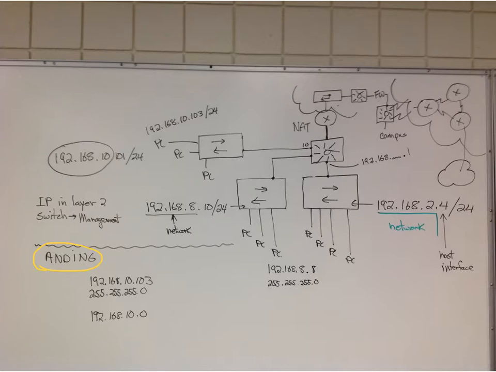What happens is you might have an address like this. The router ANDs it with the mask, and then what results is the network part of the address. This can be used to find the correct port in the router to send the traffic out.